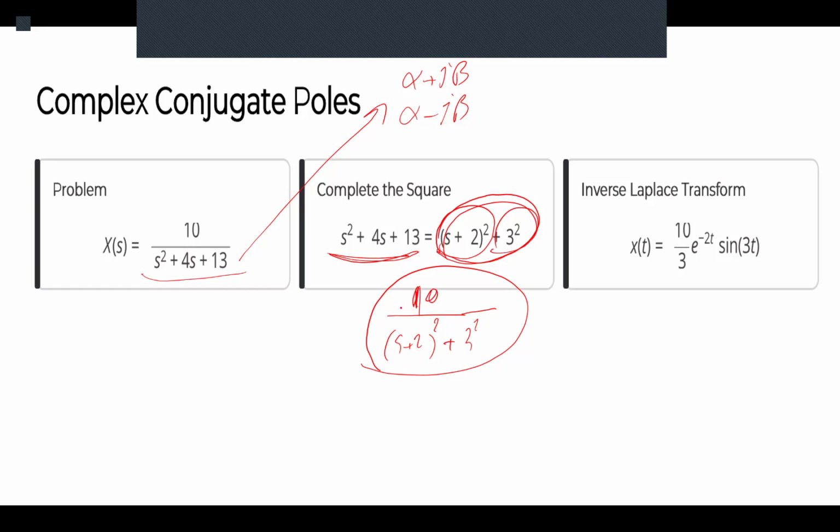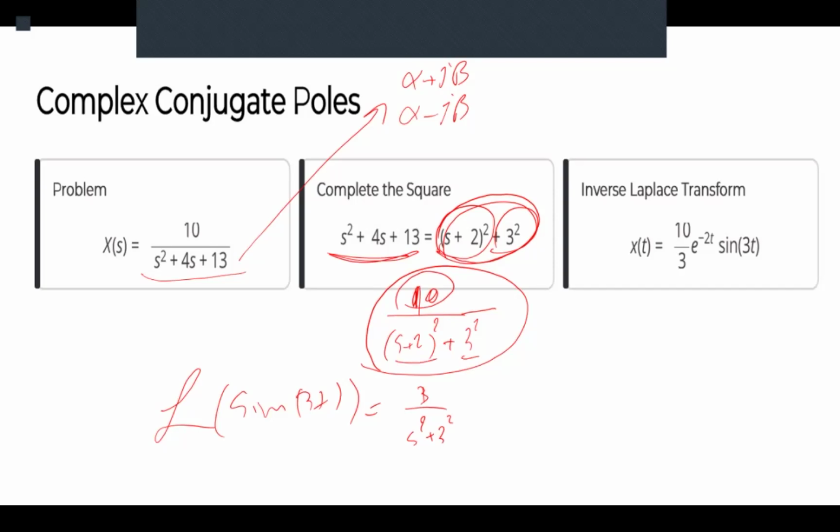If you consider this one as omega, what is the Laplace of sine of 3t? Sorry, it's 3 over s squared plus 3 to the power of 2, right? Now, we don't have this here. First of all, this one is 10, not 3.